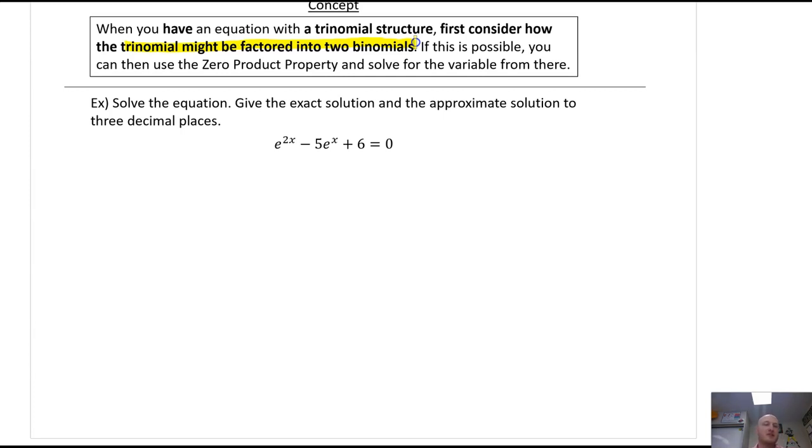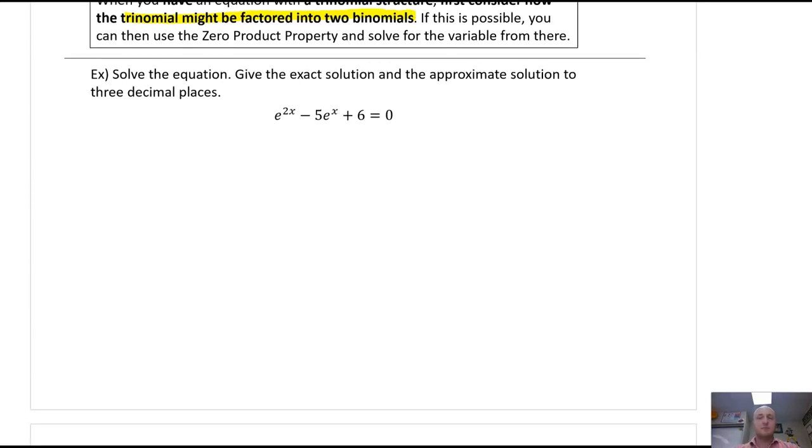So here we're asked to solve this equation, and note that it is very, very different looking. But I want you to see the structure. I want you to think x squared minus 5x plus 6 is equal to 0. If you went ahead and factored this, this would be x minus 3, x minus 2 is equal to 0, right?